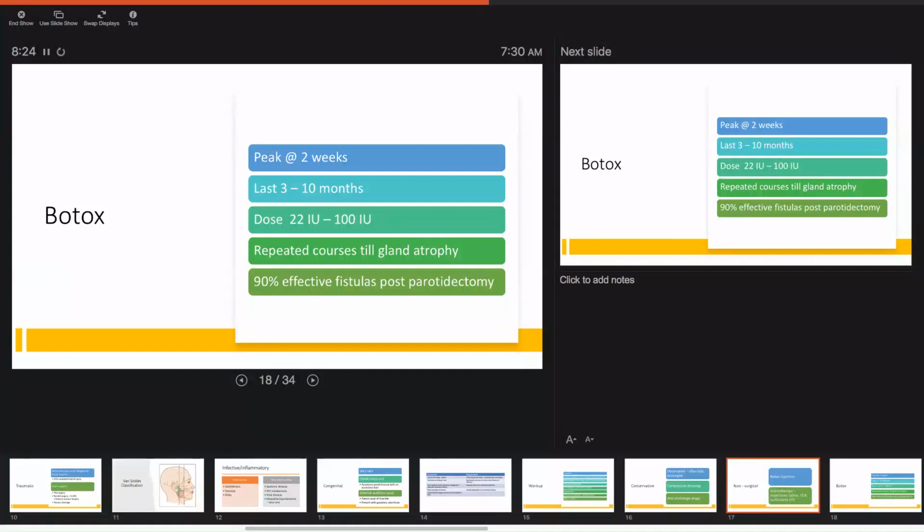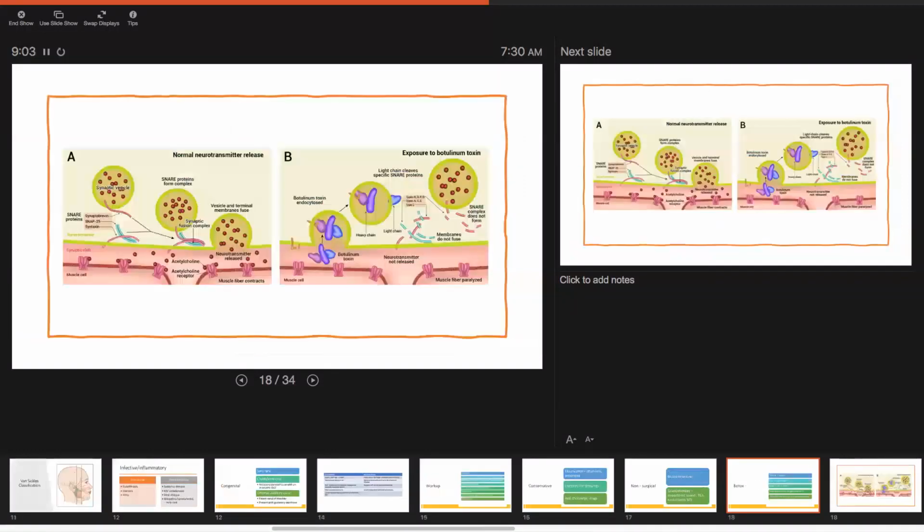The doses reported in the literature are anything from 22 international units to 100 international units. Some patients need repeated courses, up to 9 injections, before gland atrophy is achieved. It is reported to be 90% effective for fistulas post-parotidectomy in the literature.